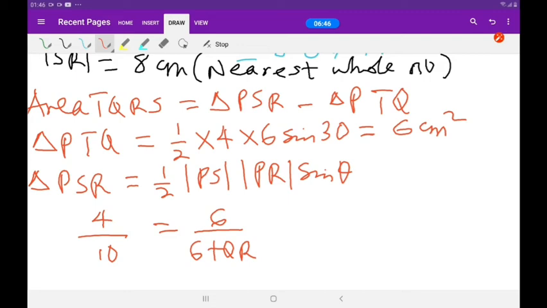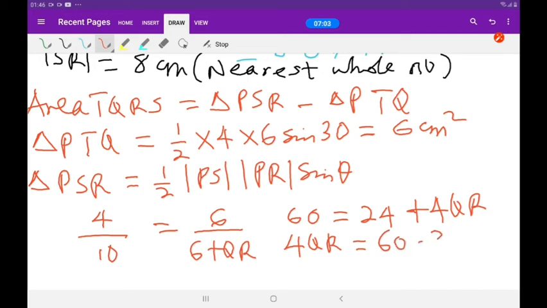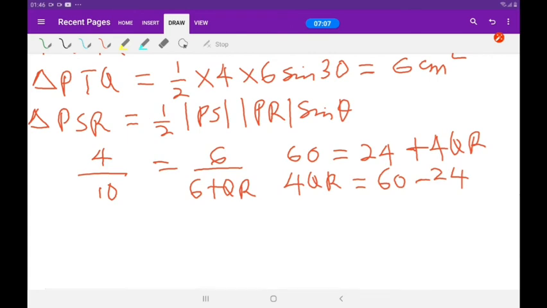Therefore, that becomes, if we do this very well, you'll be getting 60 equals 24 plus 4QR. So 4QR will now be equals to 60 minus 24. And that will be equals to 36 equals 4QR.